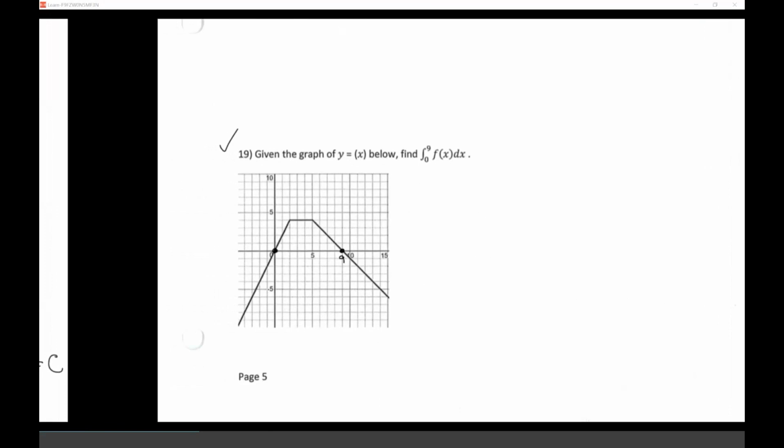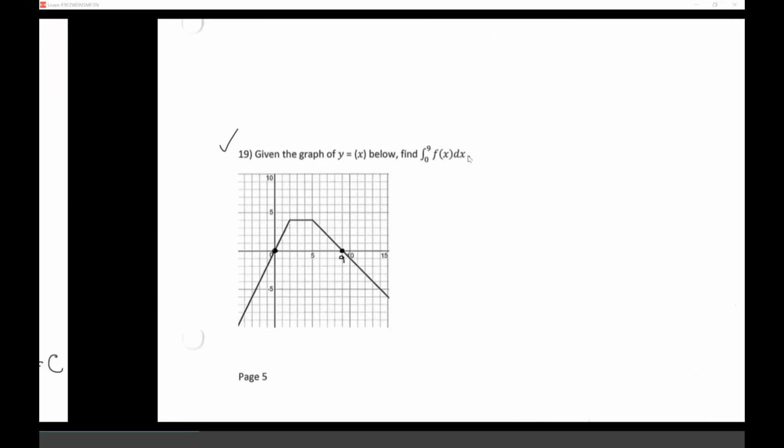What are they asking for? What is the definite integral going to tell you from 0 to 9? Anybody, any ideas? Be the area between, yeah, that under the line?